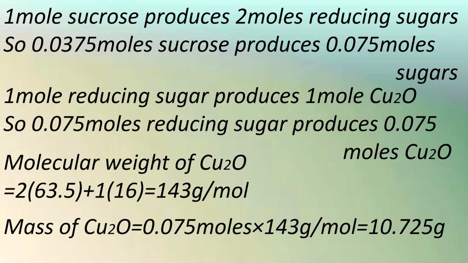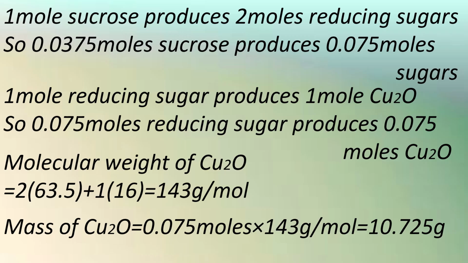Now we will calculate molecular weight of copper 1 oxide is equal to 2, the number of copper atoms, into 63.5, the atomic weight of copper, plus 1, the number of oxygen atoms, into 16, the atomic weight of oxygen, is equal to 143 gram per mole.